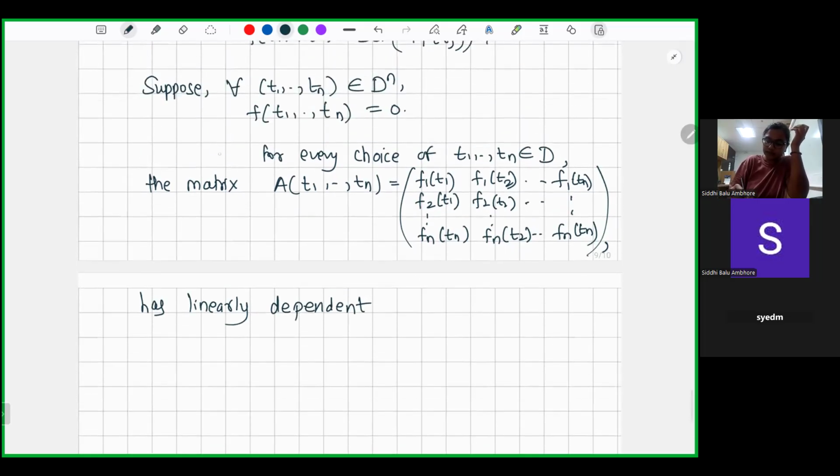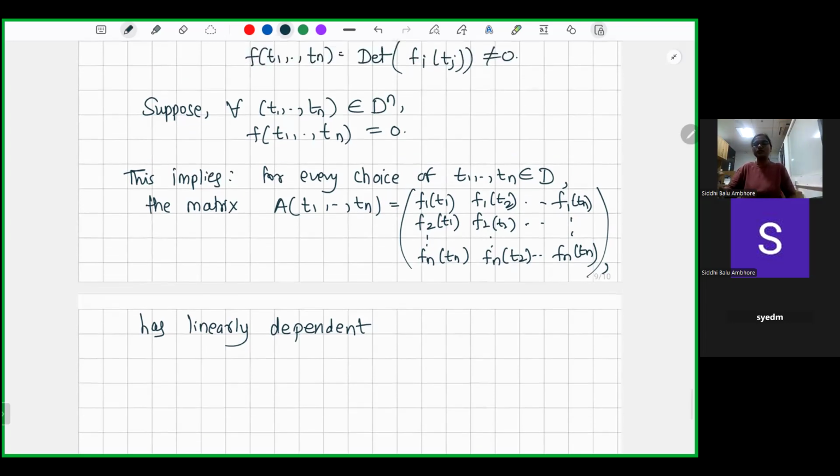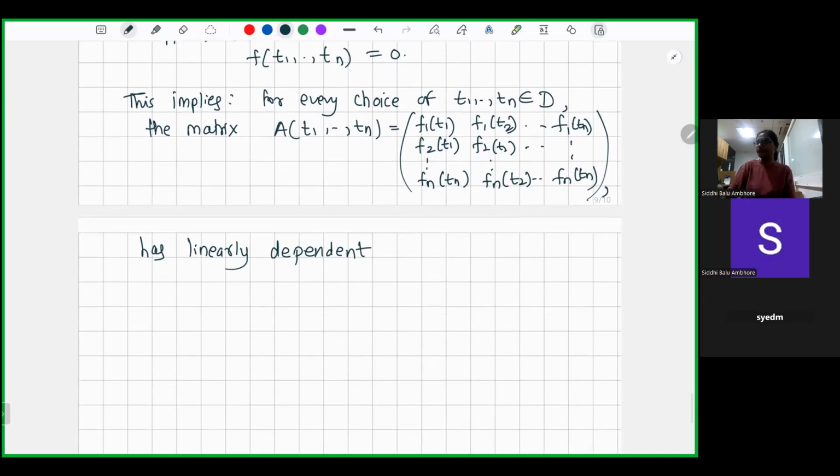Right, because the determinant is getting 0. So this matrix which is formed will have determinant 0. So at least two of the columns, I mean, the columns are linearly dependent, because if they were linearly independent, I would get a non-zero determinant.